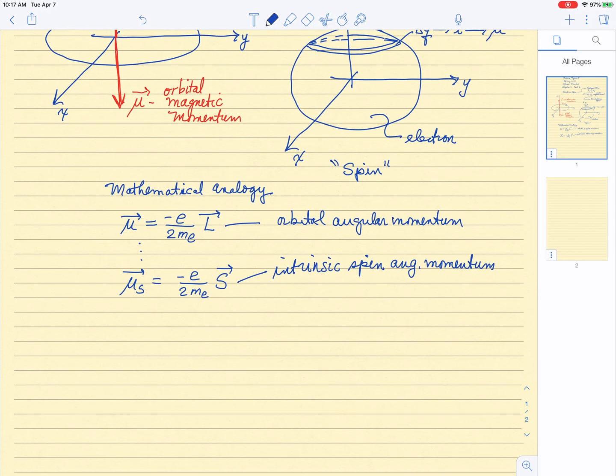So this looks all well and good, but the electron is actually a peculiar beast, and actually its charge to mass ratio is not uniform.